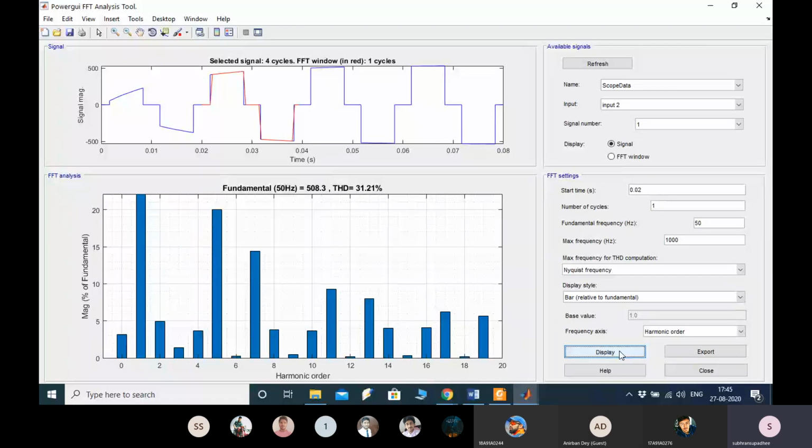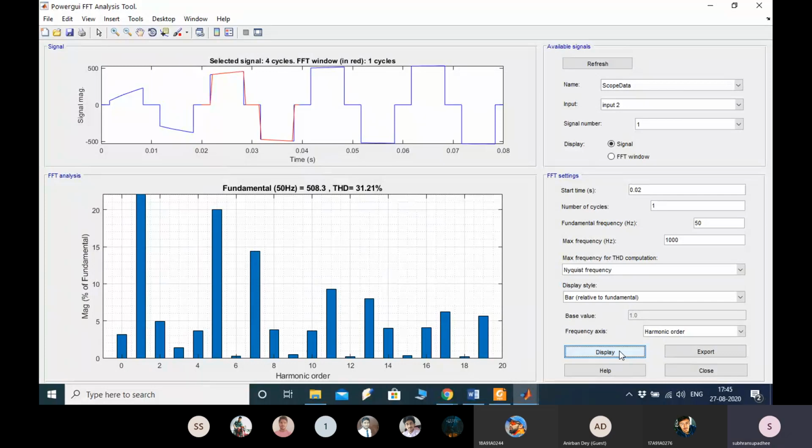Right over here, you can see that this is around 31%. Same thing: first harmonic, fifth, seventh, 11th, 13th harmonic. Because the diode has a non-linear VI characteristic, it is termed a non-linear device.